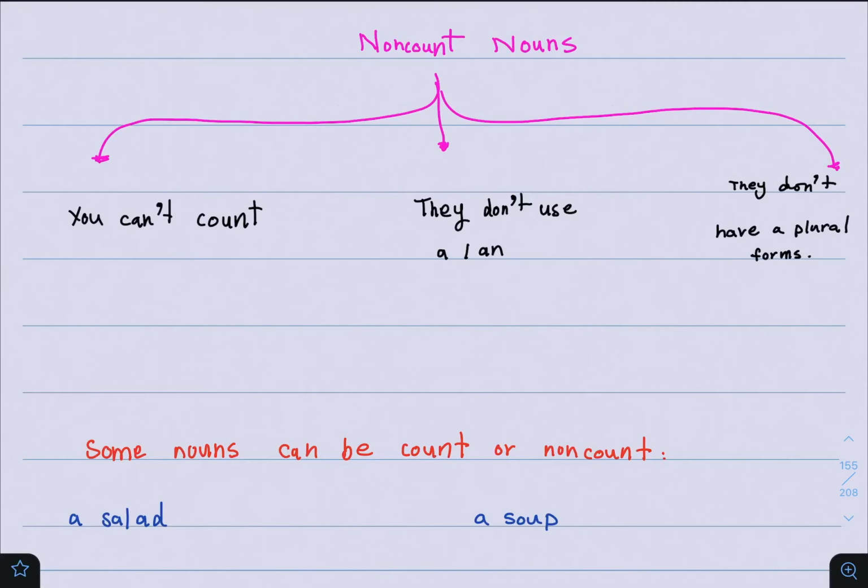So we do not use a or an articles, and they also do not have plural forms. ما لها جمع. Let's take an example. خلينا نشوف مثلا rice اللي هو الرز. Also we have oil. I cannot count it. I cannot say an oil. I cannot say a rice. Also, I cannot say oils. ما أقدر أضيف لها اس عشان أحصل على الجمع. So they do not have plural forms.